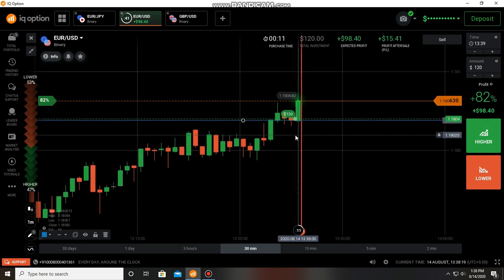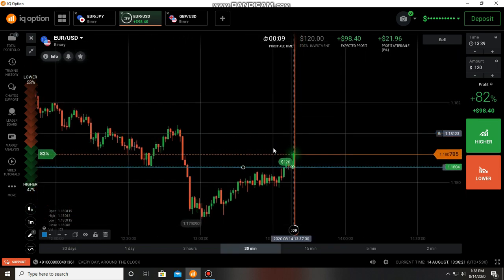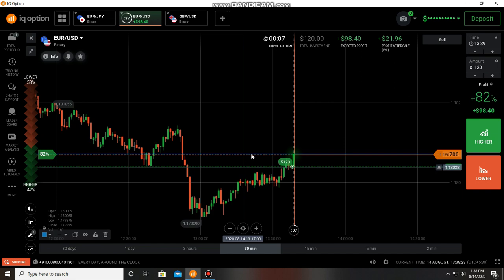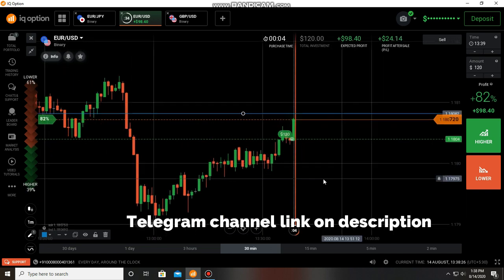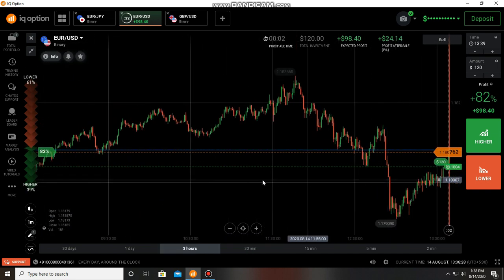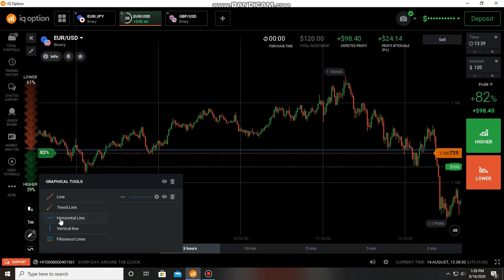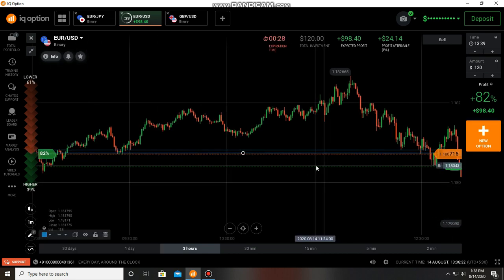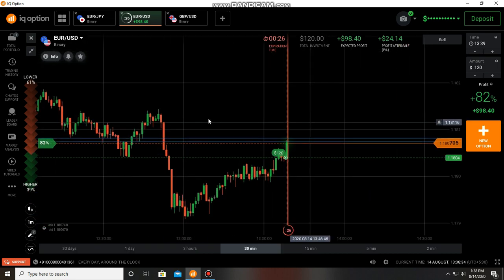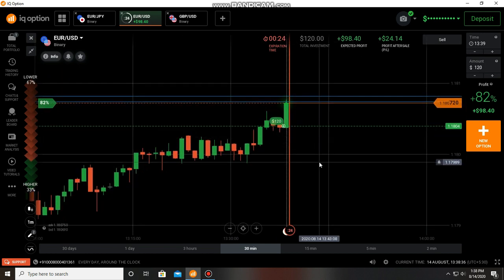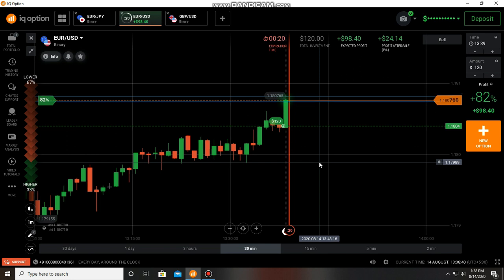If you see this kind of pattern at the resistance level, we can expect a buyers entry most of the time, but sometimes it will go down too, but most of the time it will go up. That's why I placed here a call option.